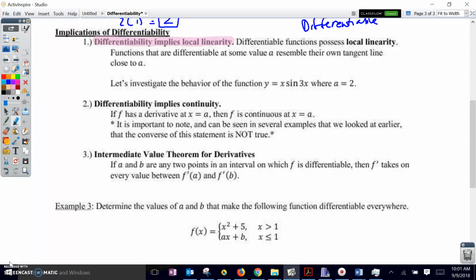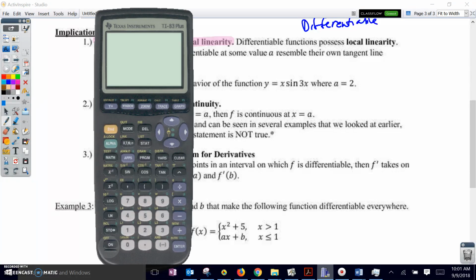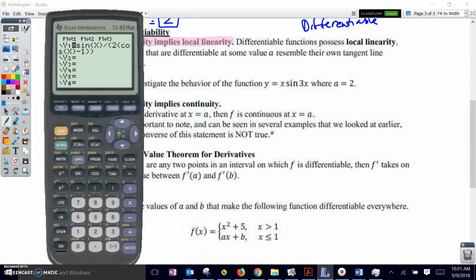Alright, so now we're going to do a little investigation of this function y equals x sine of 3x, where a is equal to 2. And I'm going to go ahead and do that on my graphing calculator. I'm going to take the function y equals x times the sine of 3x, and we'll go to the standard window.